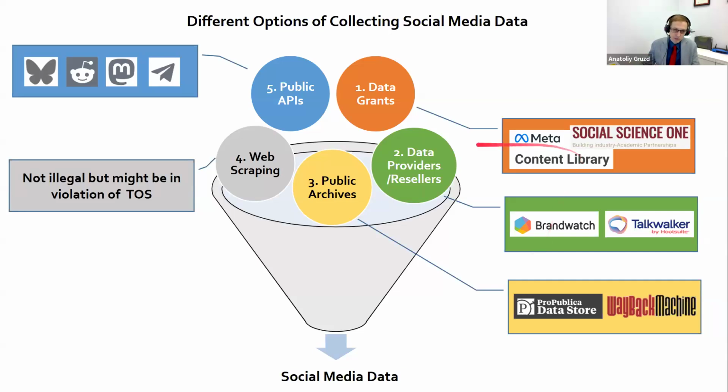And so that brings us to the third option, public archives, things like the Wayback Machine. Many of you have used it to look at the historical view of web pages around the world on the web. But the Wayback Machine also archives social media data. Particularly, they've been taking a lot of samples of Twitter. I'm not sure if they're still doing it, but some of those samples are still available.